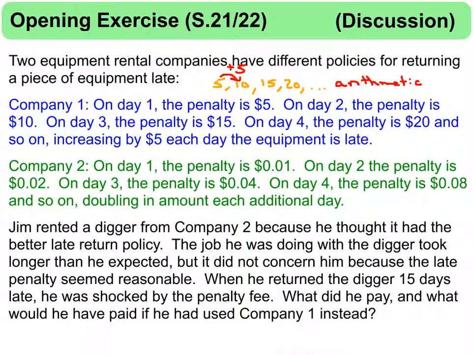Then it compares the other company. It says company 2, on day 1 the penalty is 1 cent, so we could write down 0.01. On day 2 the penalty is 2 cents, and on day 3 it is 4 cents, and on day 4 the penalty is 8 cents, and so on, so the amount each time is doubling what it was previously.